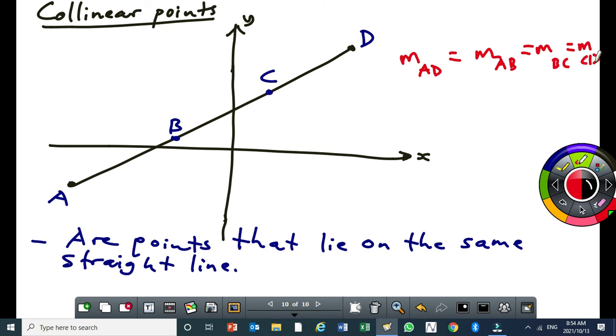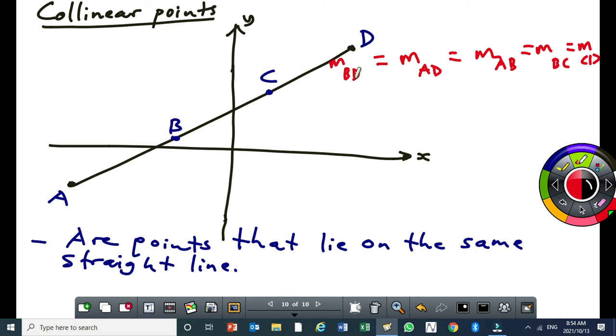Furthermore, it's also equal to MBD. So if the points are collinear, you calculate the gradient of AB, it must be equal to the gradient of BC, CD, BD, AD.